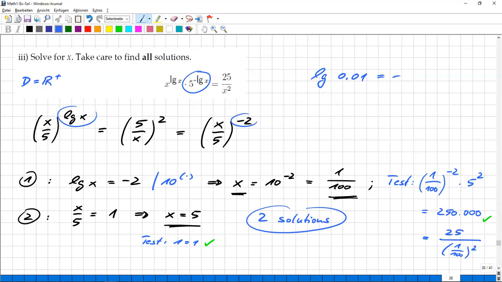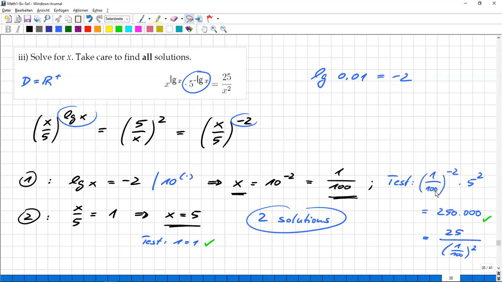So this is, of course, negative 2, as everybody knows. Okay, so I have, like here, 0.01 to the power of negative 2, and then times 5 to the power of minus the same number. So the negative of this one is then 2. And this is, in the end, 1.